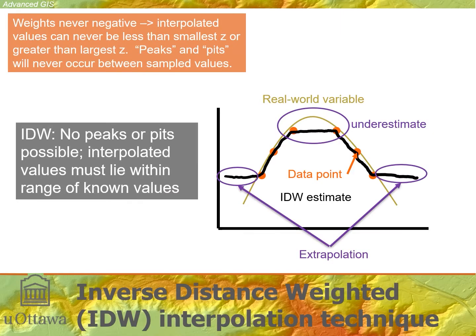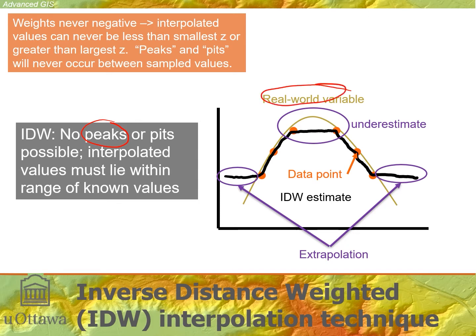Inverse distance weights will never produce values that are greater than or less than the input data set minimum and maximum Z values. So you don't end up with any things like what we call peaks or pits between observations. And this is an example on the right-hand side here, where we have a real-world variable.